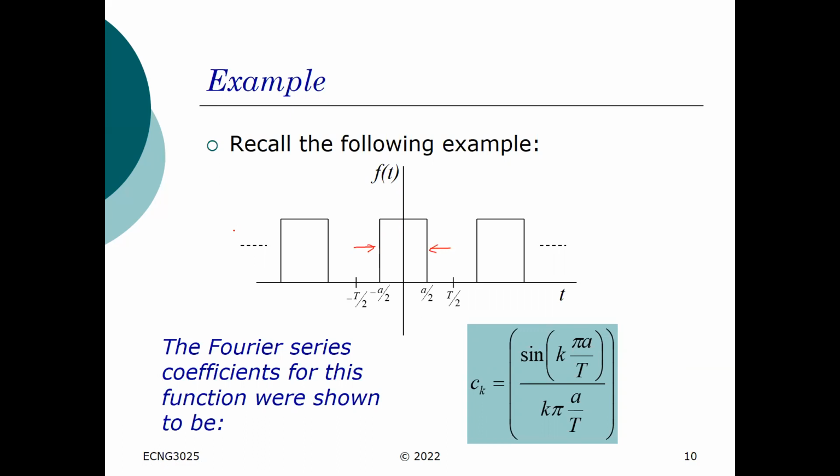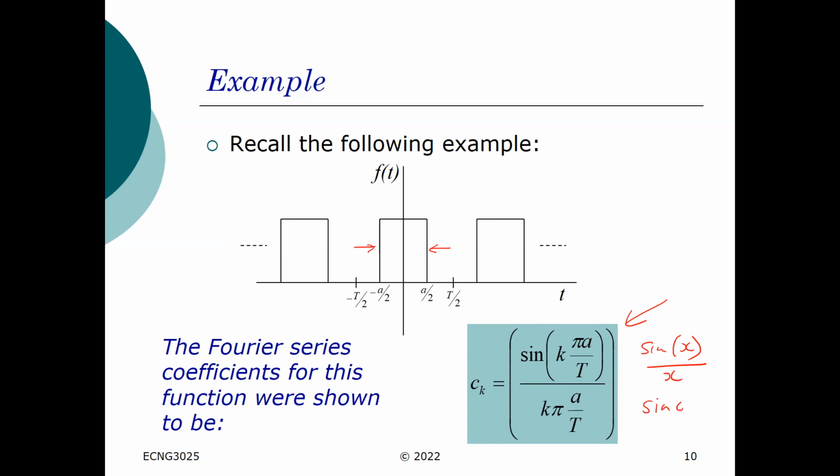And if you apply the complex exponential form, you got that the coefficients were this sine x over x, or something that we call a sinc function. You may have met that.